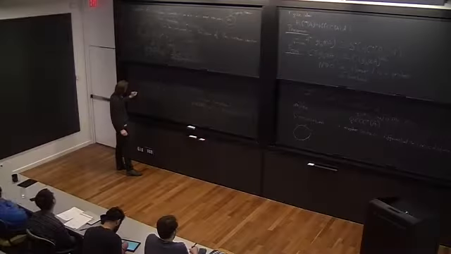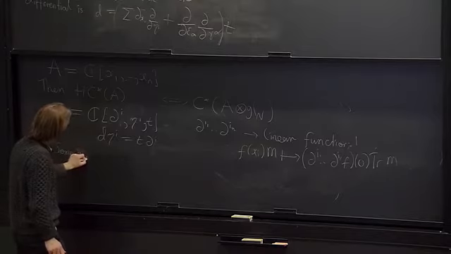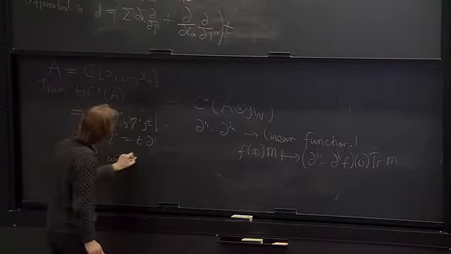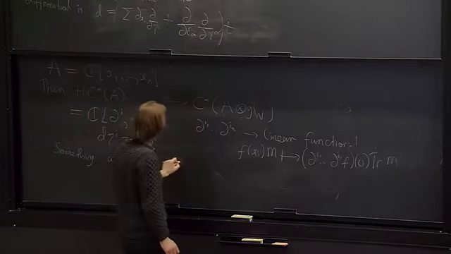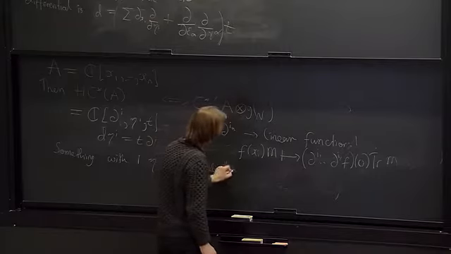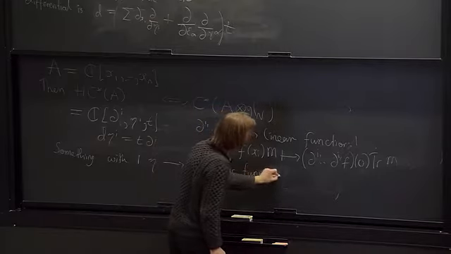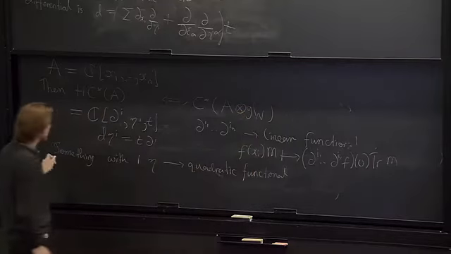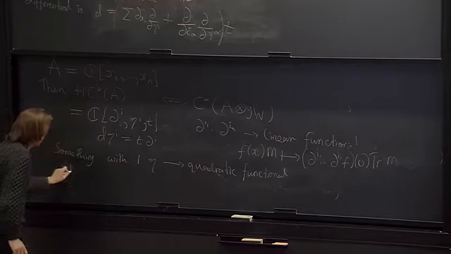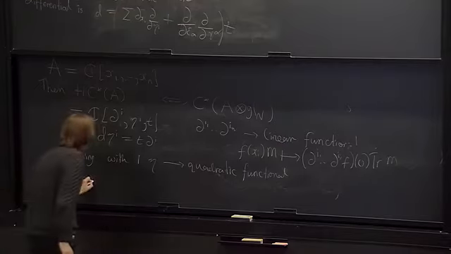Something with an eta, with one eta, goes to a quadratic functional. For example, if I take some del I times eta I, this gets sent through the functional.